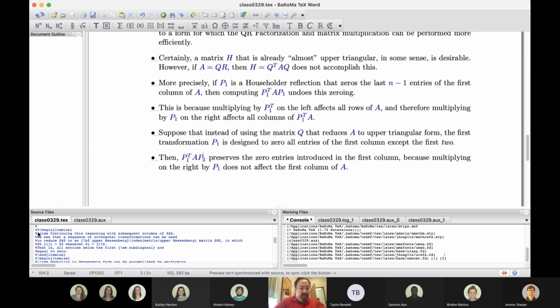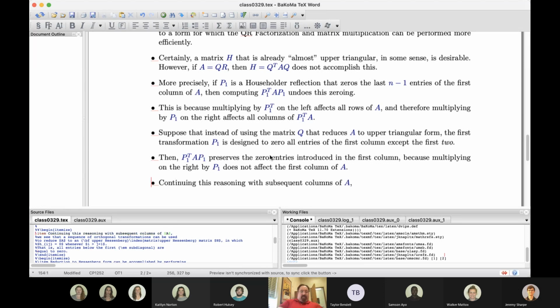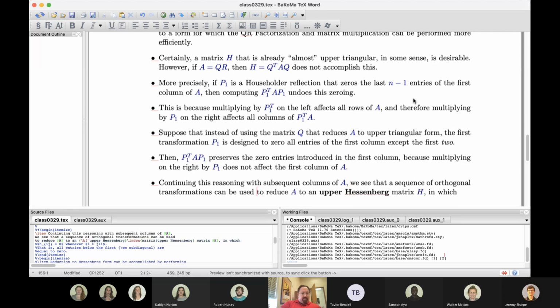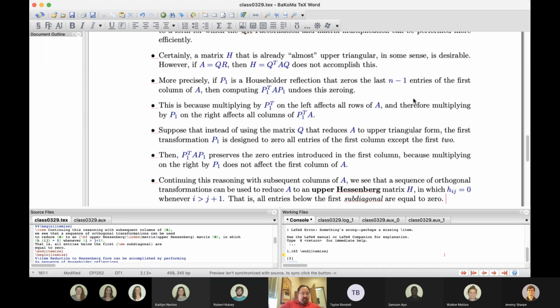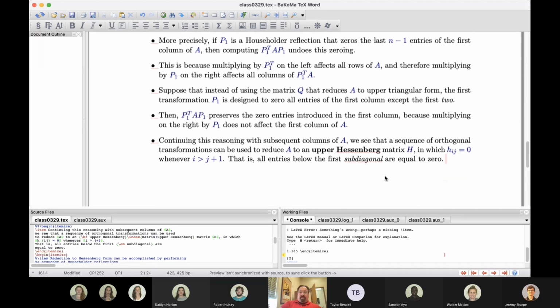If we can continue this process, so we go to a second column and keep the first 3 entries, and zero out entries 4 to the bottom, then what we end up with is a matrix called a Hessenberg matrix.